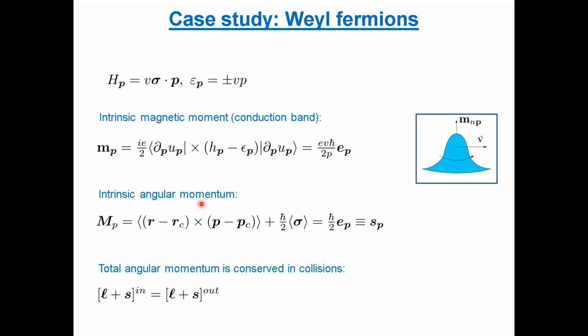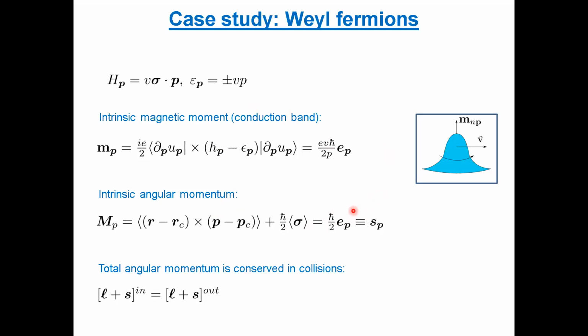And then they have this intrinsic angular momentum that is helicity, known from high energy physics. So the projection of spin on the direction of motion is plus minus one, depending on whether you talk about the conduction band, so to speak, or the valence band for this Hamiltonian.